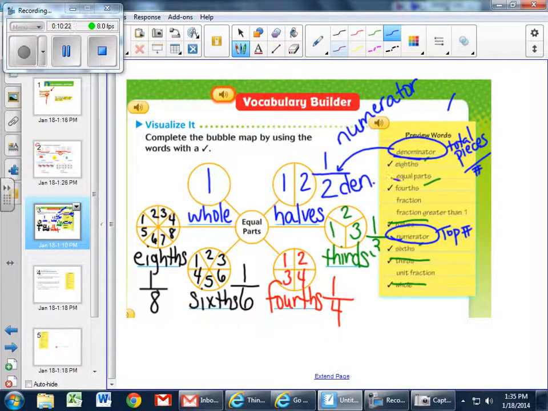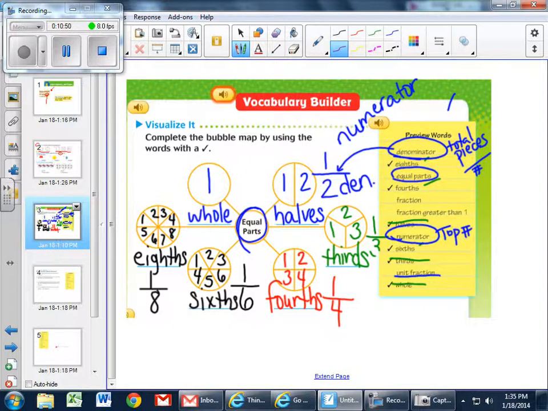Equal parts, we talked about how it has to be that way for a fraction, and that was our middle here, each one of those. Fractions we practiced making. Fractions greater than 1 we did not talk about this time. We only got to the whole, so that must be something we're going to be learning together. And we didn't talk about a unit fraction. So those preview words were not included in our bubble map, but I bet we're going to get to them.